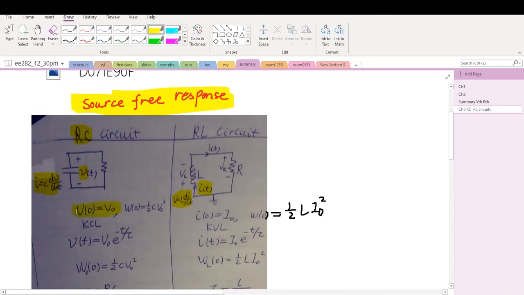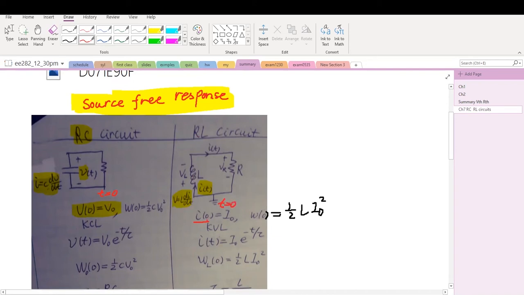The initial value, the voltage at t equals 0, equals V naught. For the RL circuit, the initial current at t equals 0 equals I naught.